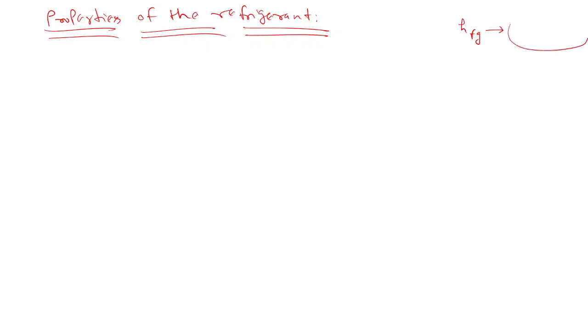What other property? Someone is saying the Cp value would be high. Okay. Why? Then for a small change of temperature, large heat will be absorbed.